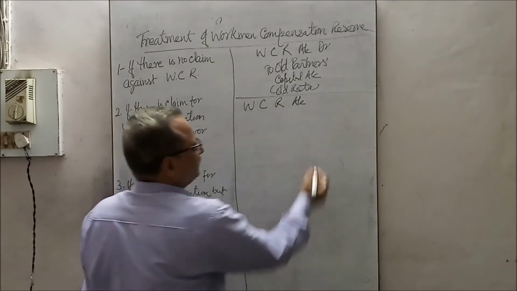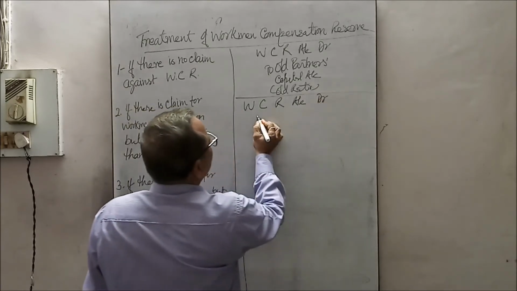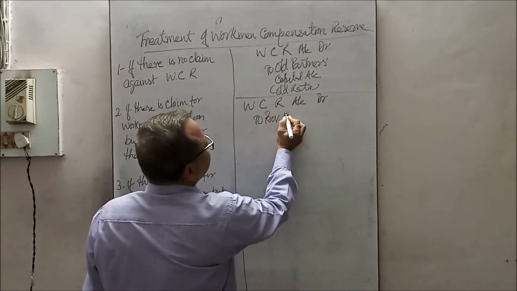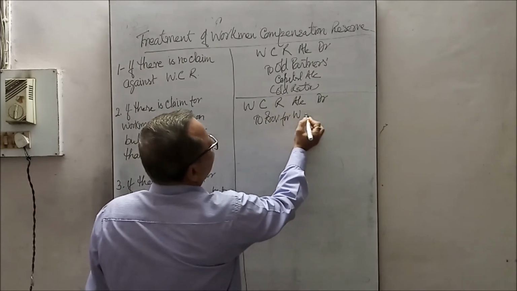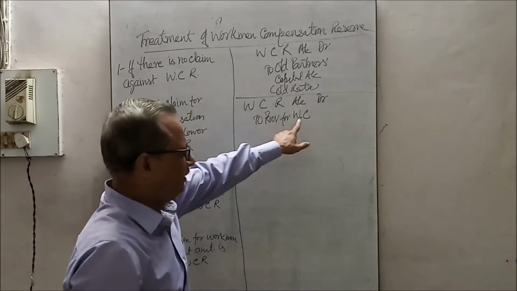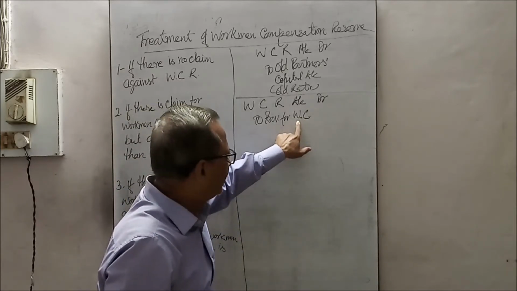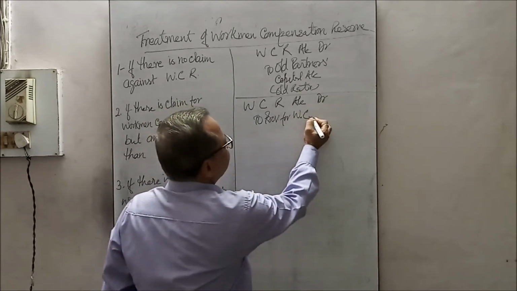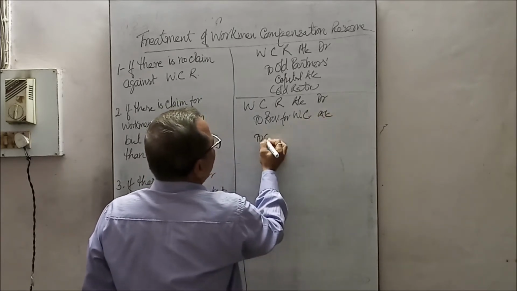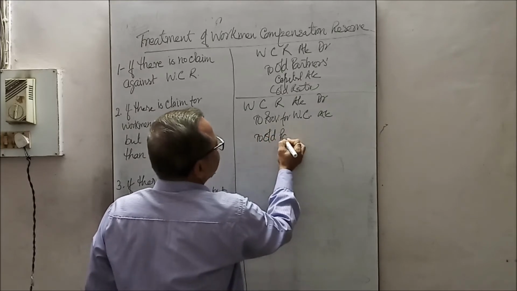The whole amount should be debited to provision for workmen compensation account to old partners capital account.